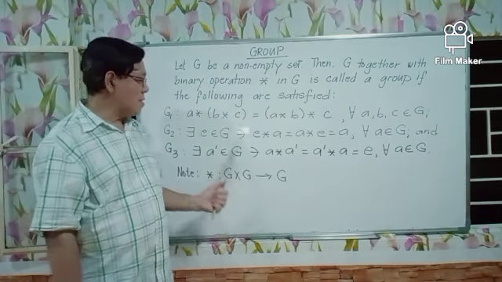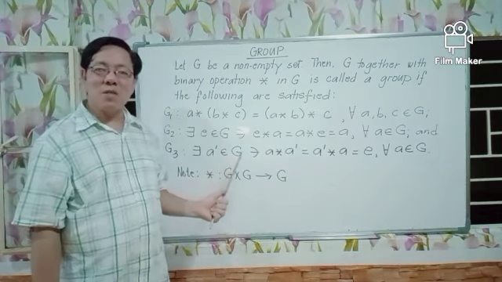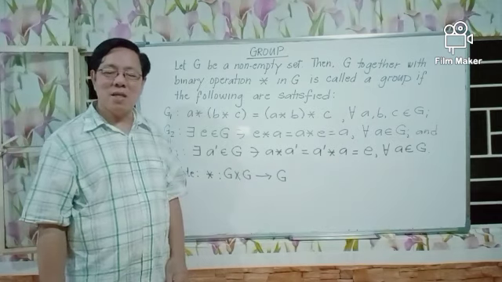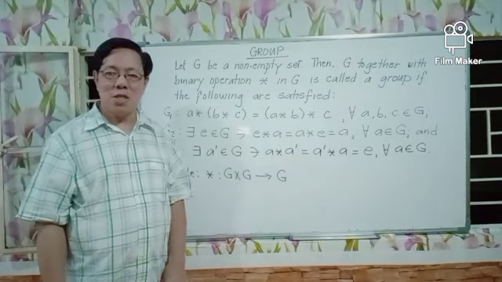And this element e of G is called the identity element of G.